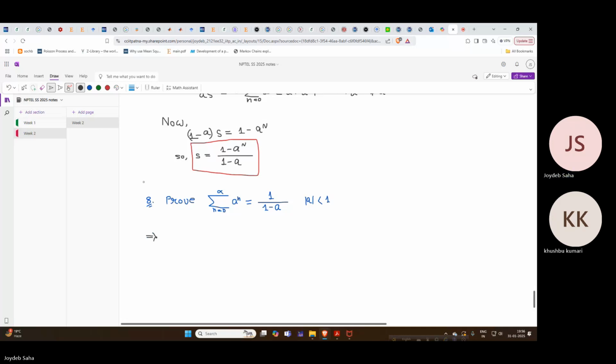For this, limit n tends to infinity of the summation n is equal to 0 to n, or n minus 1 we can write, of a to the power n, not capital N, small n.